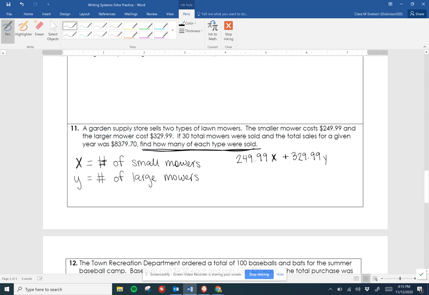And that equals our total amount of money, which was $8,379.70. Okay, and then we don't really have a lot of other numbers, but you see it says 30 total. So that means the number of small mowers plus the number of large mowers equals the total mowers, which was 30.